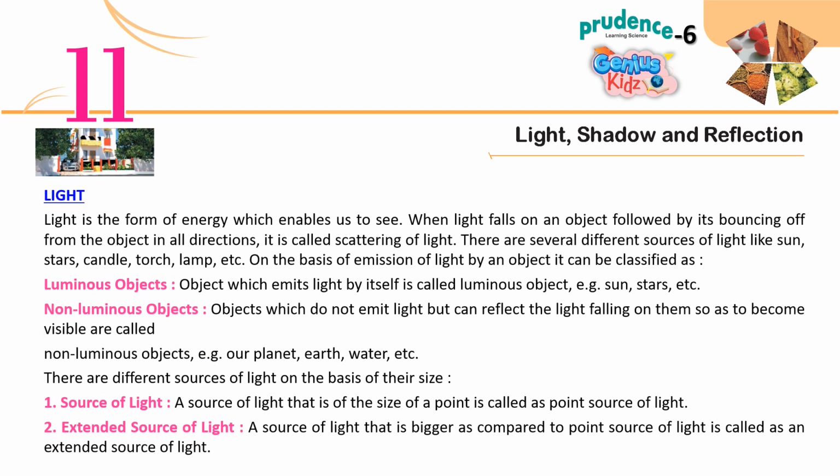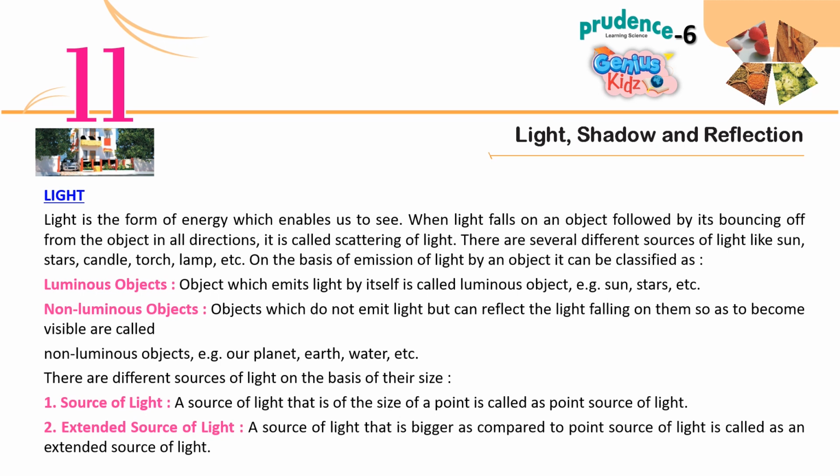Light. Light is the form of energy which enables us to see. When light falls on an object followed by its bouncing off from the object in all directions, it is called scattering of light. There are several different sources of light like sun, stars, candle, torch, lamp, etc. On the basis of emission of light by an object, it can be classified as luminous objects.